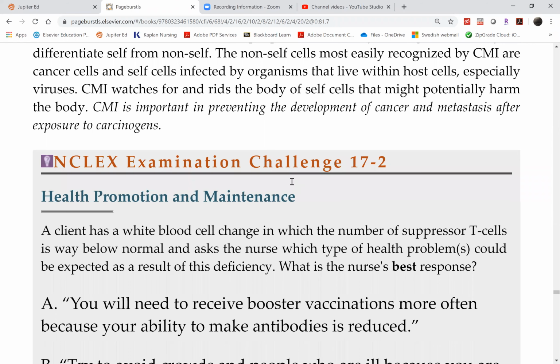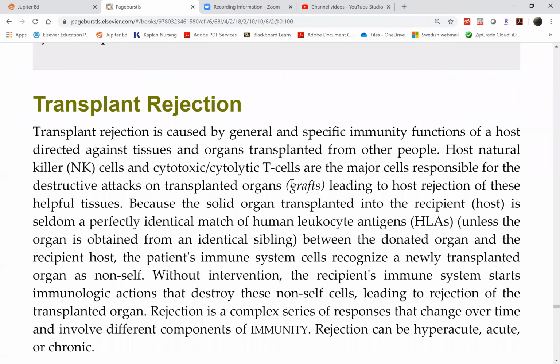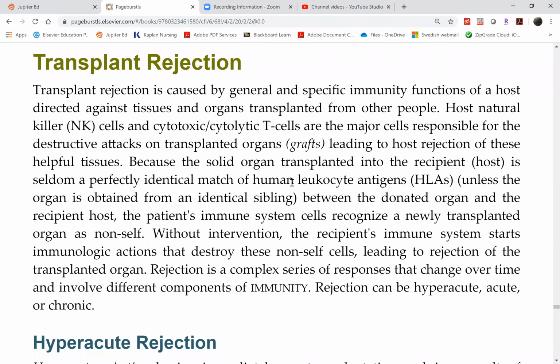Who needs a transplant? People with organ failure. All right, so what can be transplanted? So we have heart, lungs, kidneys, liver, eyes, skin.